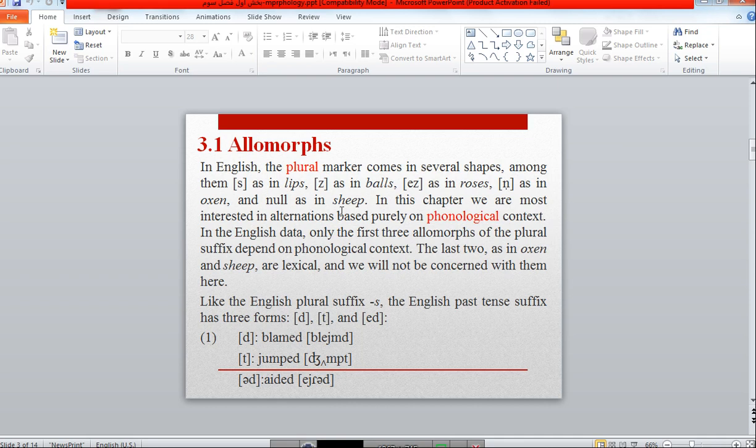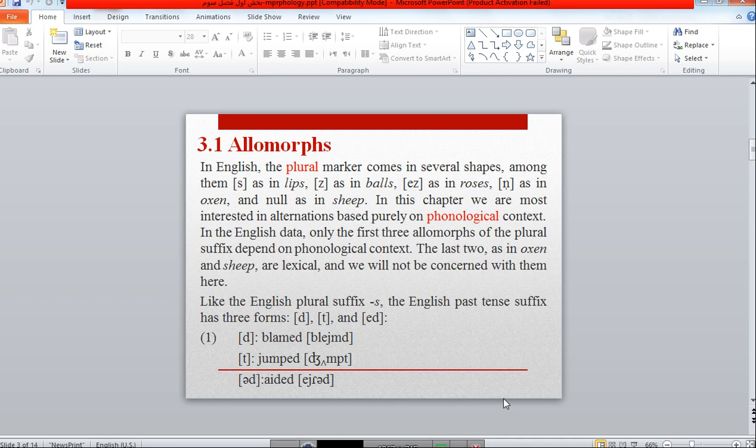Like the English plural suffixes, the English past tense suffix has three forms: d, t, and ed. Here, blamed, you see here, we pronounce d. Jumped, you see here, we pronounce t, and dead, we pronounce ed. These are again the allomorphs of past tense in the English language, as you see in this example.